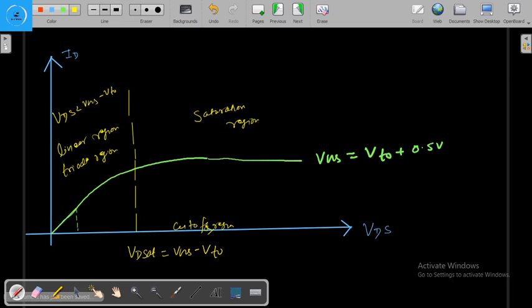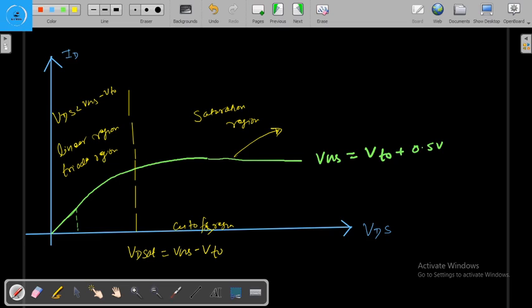So in the saturation region the current is saturated because the free electrons present in the channel experience a large amount of electric field because of increasing VDS beyond VD set, and hence it gets saturated.